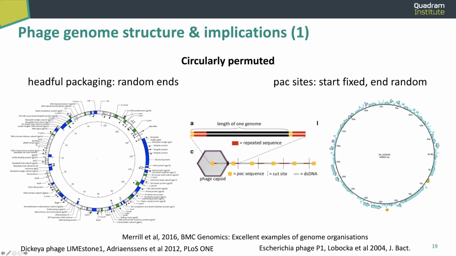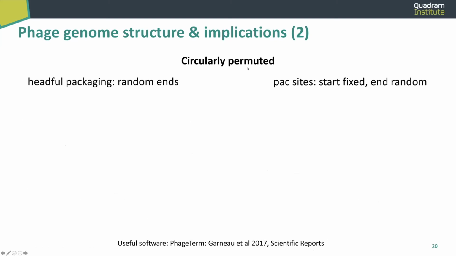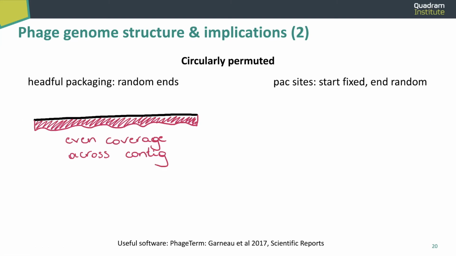Or in the case of the phage sites, within the same cell they have the same start from a phage site. So how can you see that from your read mapping? If you have headful packaging with random ends, you just have even coverage across the contig, across the genome.